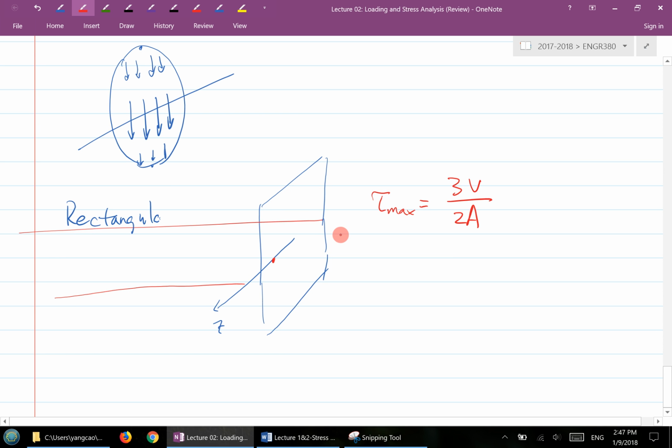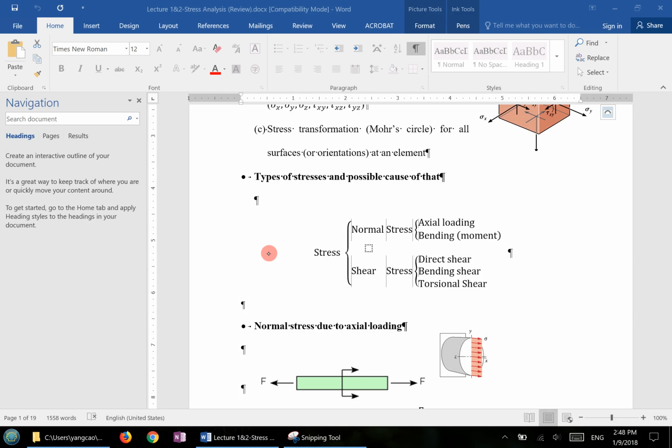Once you separate it, at this location you have a shear stress tau, calculated according to this. And since everything is in equilibrium, you must have a shear stress pointing in the opposite direction at the same location. So this is tau, and this is also tau here. So if I'm going to take a stress element.